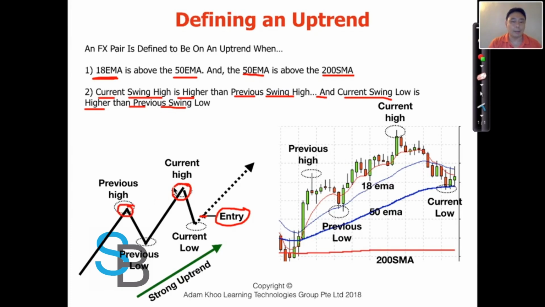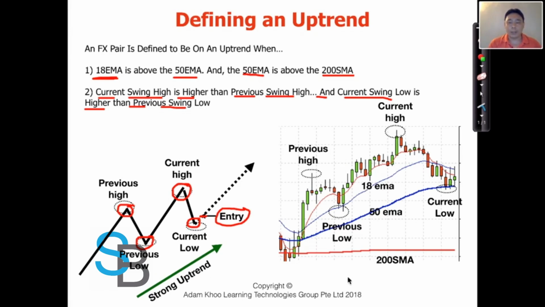We've got to see that pattern. And the current swing low, at which we are entering, so we are always entering at the current swing low, has to be higher than the previous swing low. So we've got to see higher highs and higher lows, and we're entering at this low right now.